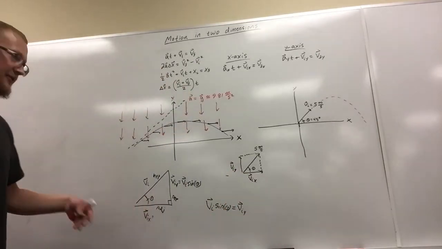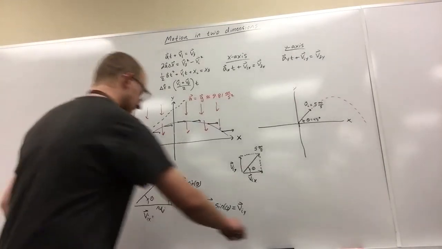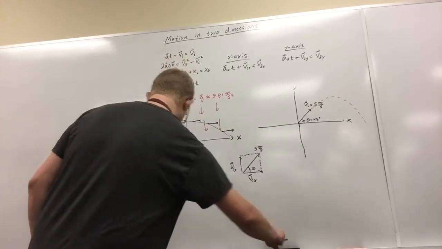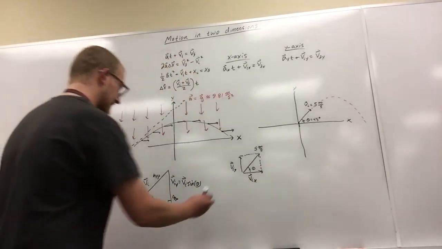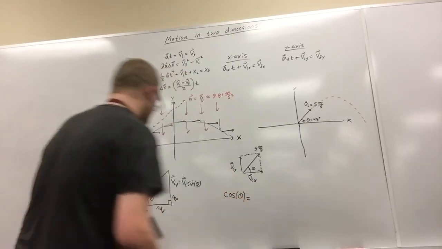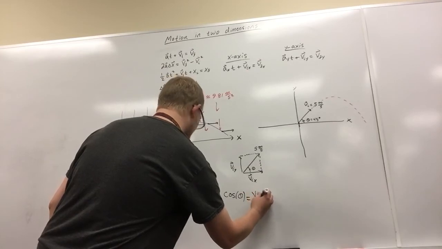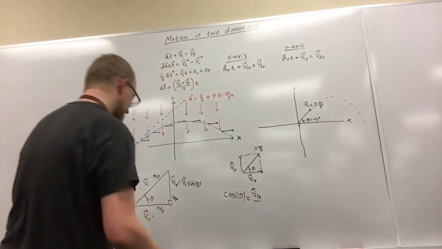You're going to learn to memorize this eventually, because it'll save a lot of time. My next side is the adjacent side, and cosine of theta is a ratio of the adjacent over the hypotenuse. The adjacent is VIX, and the hypotenuse is VI.